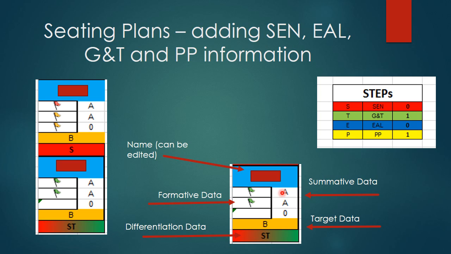For me, the power of this is that it not only gives the target of the student, but it gives the summative data, and that is based on the report summative data, not necessarily summative data given over several times in a term. It then calculates as a numerical figure the standard of their formative data, so their ability to access criteria over the course of that half term, and it then converts this into either a green, an amber, or a red flag.